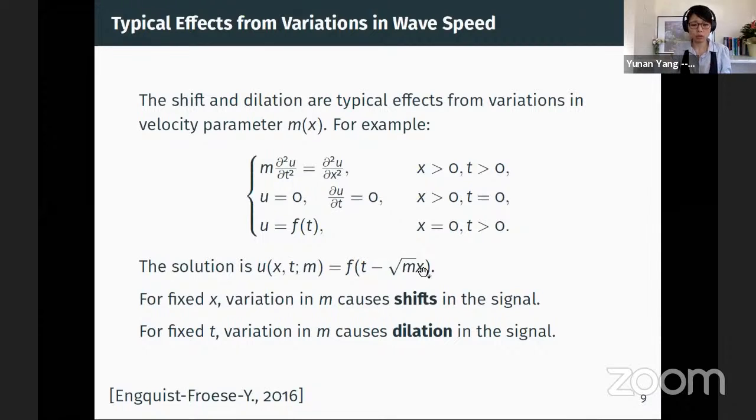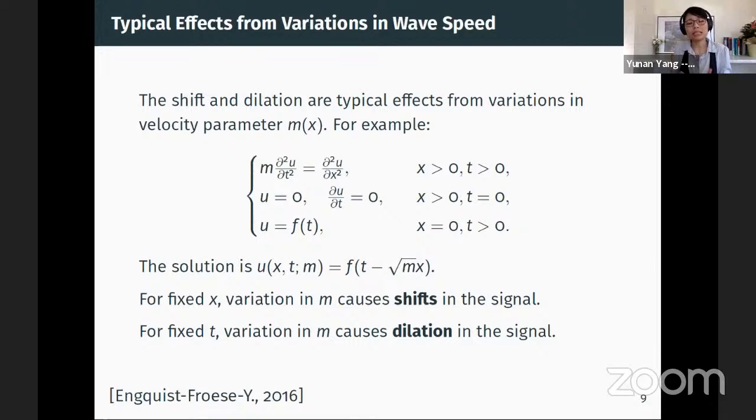So for a fixed location, if I fix the location and observe the data, variations in the velocity give me translations in the signal. So if m gets perturbed, what we can observe will be a translation of the true data. And for fixed time t, perturbations in the velocity parameter will cause dilation in the signal. It depends on how you choose to observe your data.